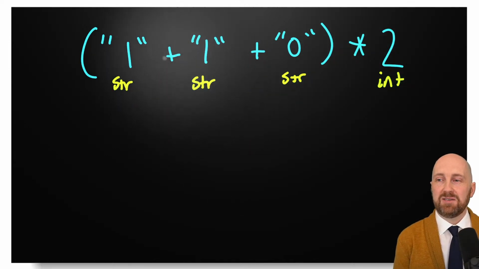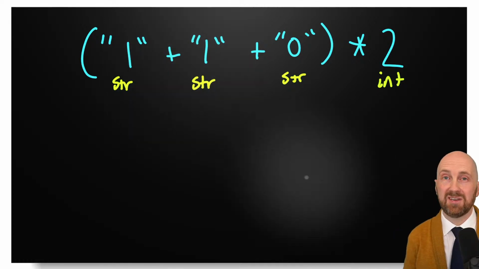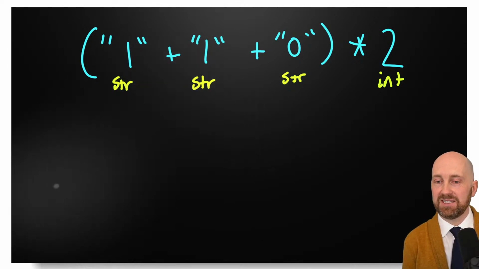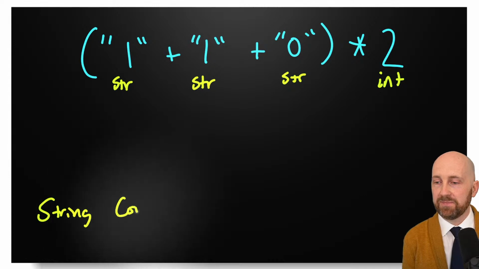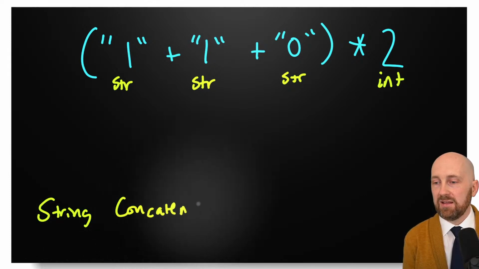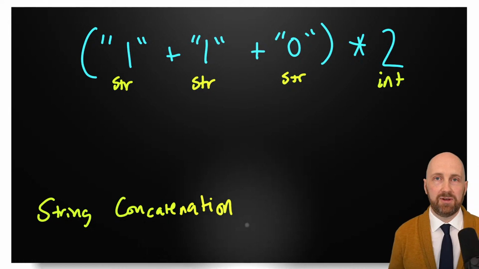Well, what does it mean to use the plus operator between two strings? This is a concept called string concatenation. It's got a really fancy name, so I think it's worth mentioning. The name is inspired by chemistry.